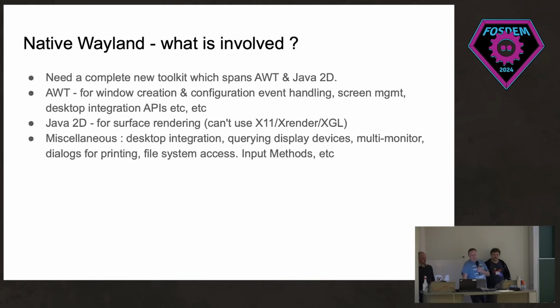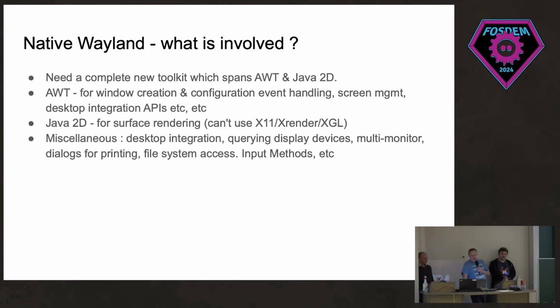It's a complete new toolkit, spanning all of AWT in the window management and the rendering side. So all of these things here: creating windows, configuring windows, the management of everything, integration with the desktop, how you render to the surface. We can't really use X11, OpenGL, XGL, or XRender, and X11 and XRender is the default way we do everything on Linux today.